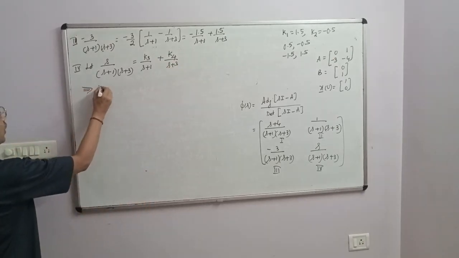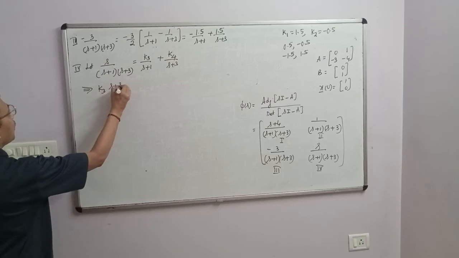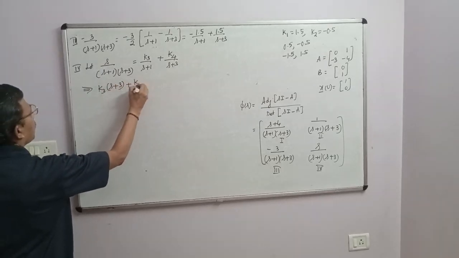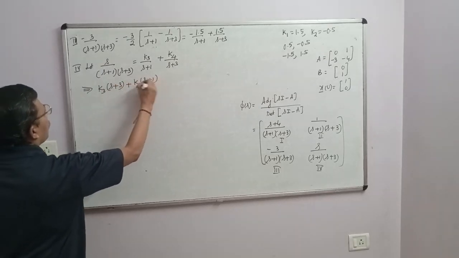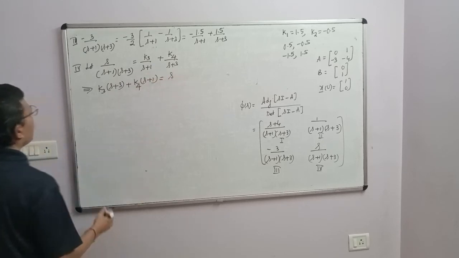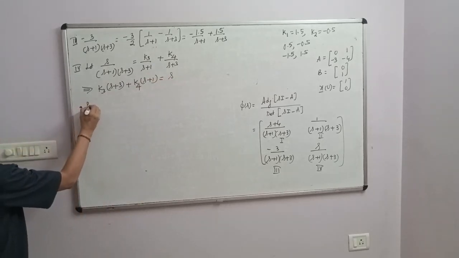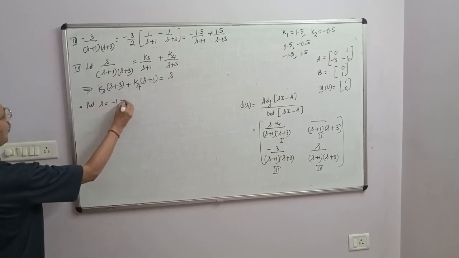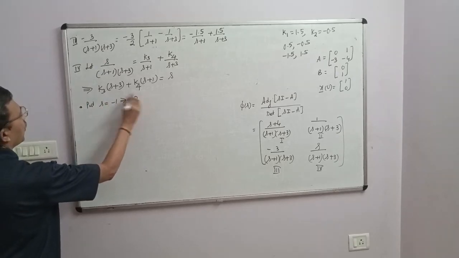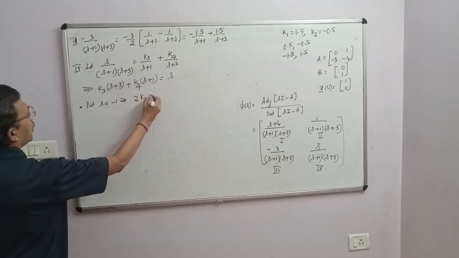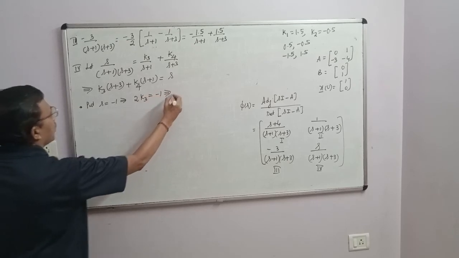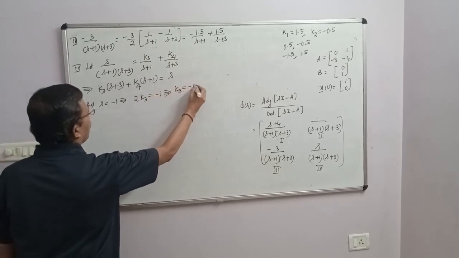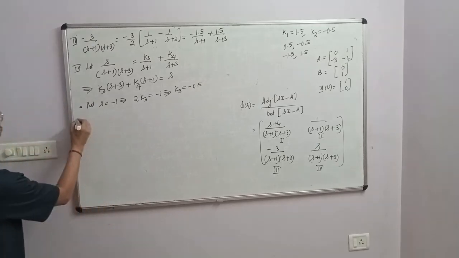This implies K3 into (S plus 3) plus K4 into (S plus 1) is equal to S. Put S is equal to minus 1. This gives what? If you put minus 1, you get 2K3 is equal to minus 1. This implies K3 is equal to minus 0.5.